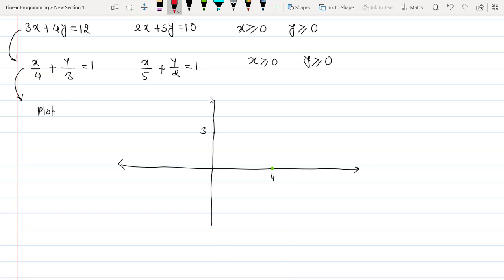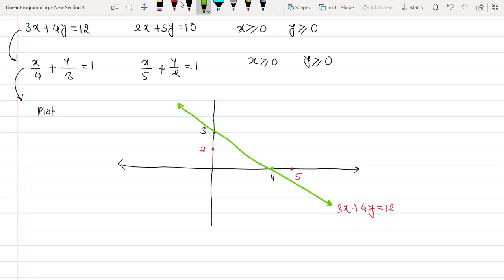Draw the line. Suppose this is the line I get. Perfect. Write down the equation of the line as it is: 3x plus 4y equals 12. Next is 5 and 2. 5 on the x-axis, suppose this is 5. 2 on the y-axis, let's say this is 2.